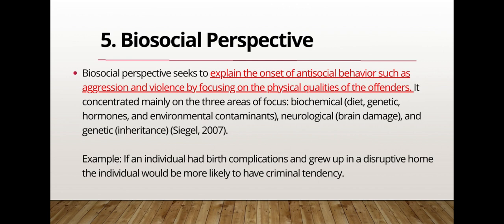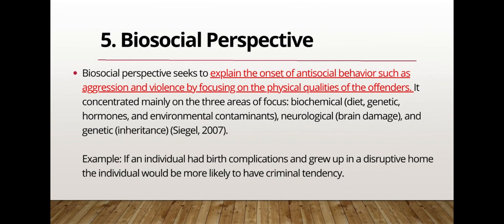When we say biological, ito yung sa tao mismo ang may problema. And when we say sociological, ito yung sa may problema sa environment. For example, kung yung isang bata, pinanganak siya na merong problema sa pag-iisip niya at the same time, nakatira siya sa disruptive home.